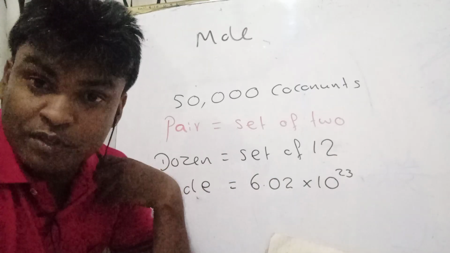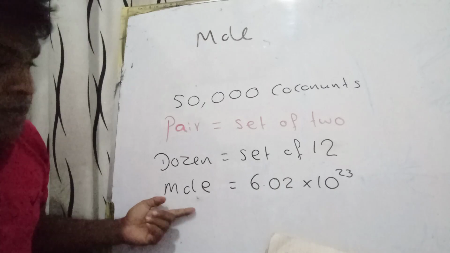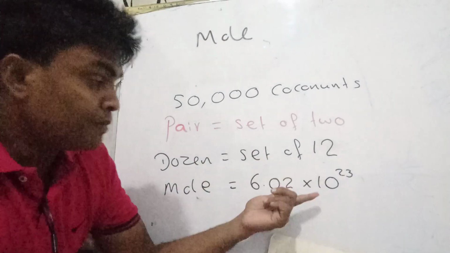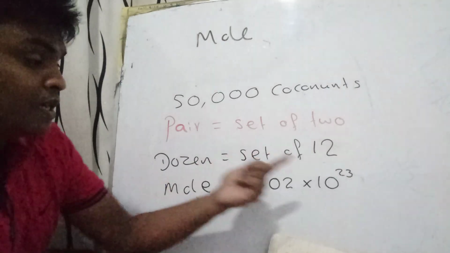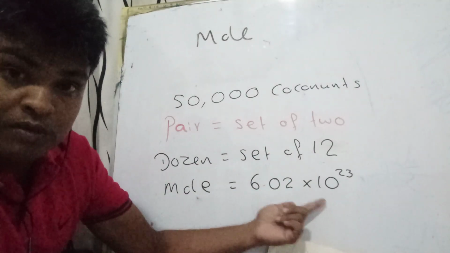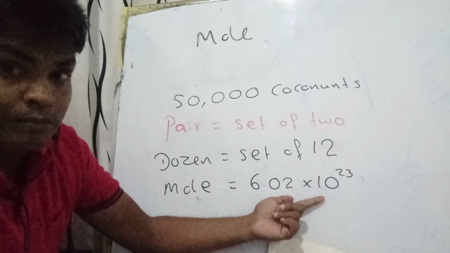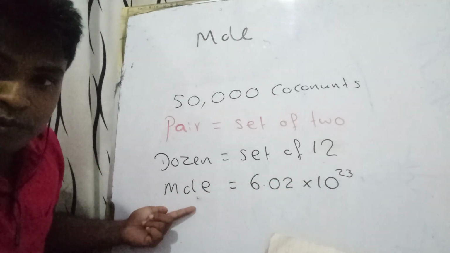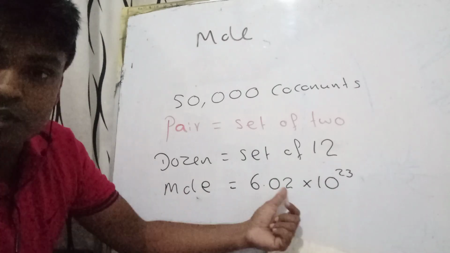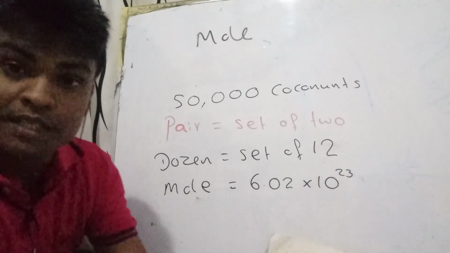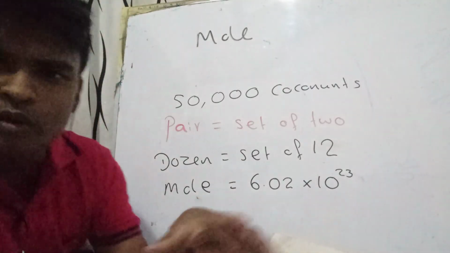If I have that much of babies, I am the father of 1 mole of babies, right? So if I have this much of marker pens, I have 1 mole of marker pens. If I have this much of electrons, I have 1 mole of electrons. If I have this much of protons, I have 1 mole of protons. If I have 6.02 into 10 to the power 23 atoms, then I can say I have 1 mole of atoms.